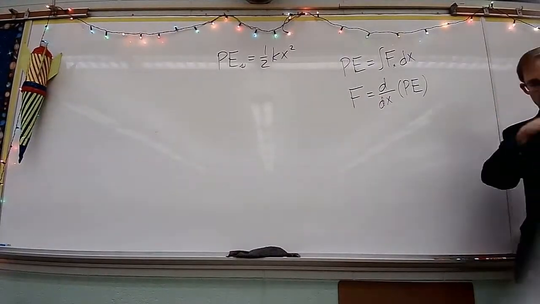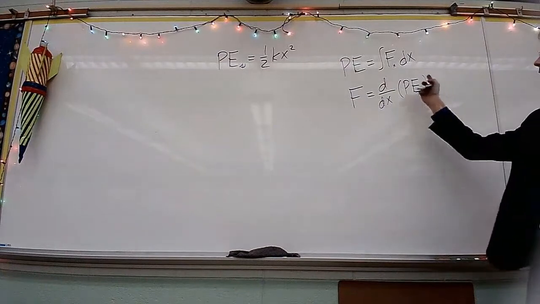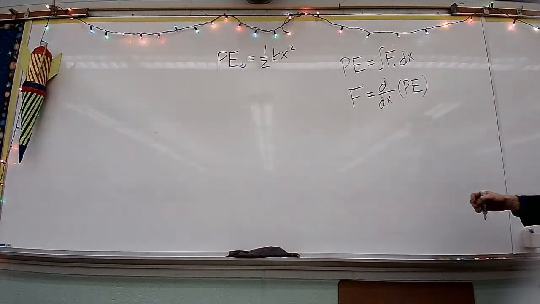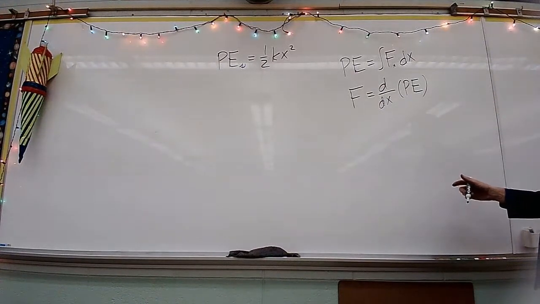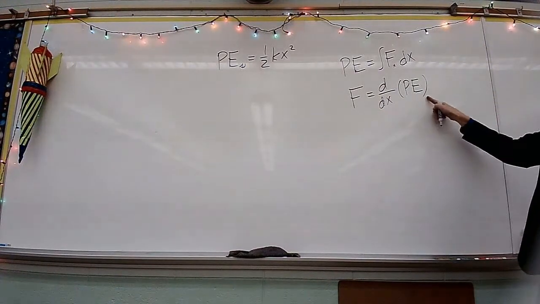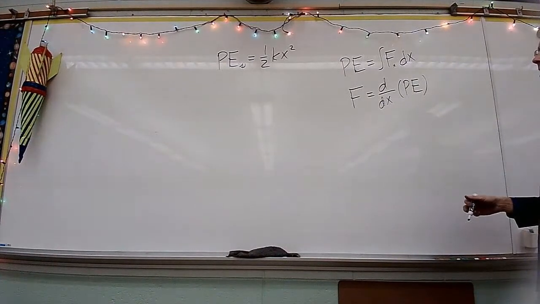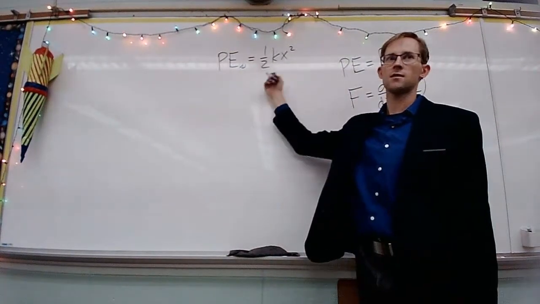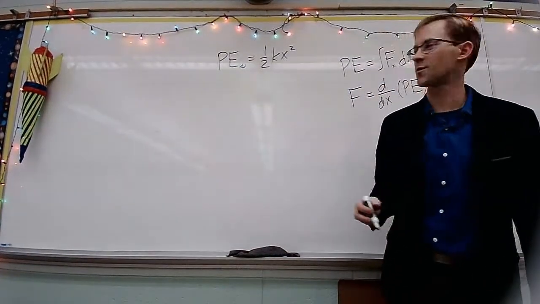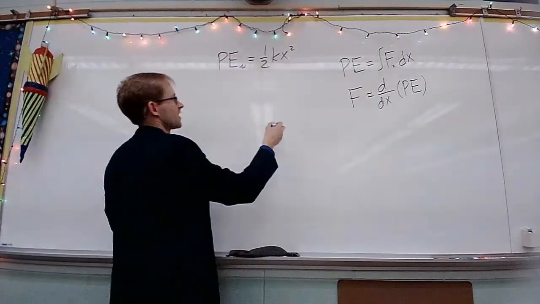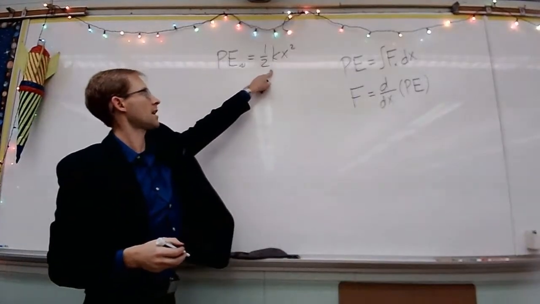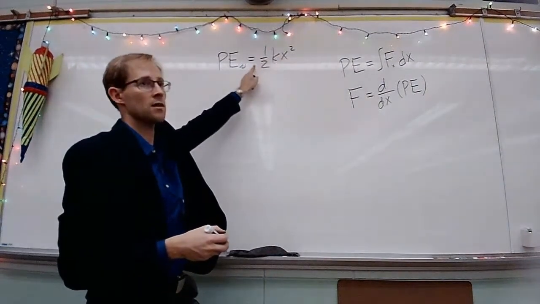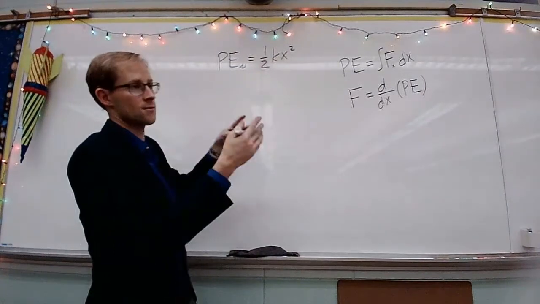And as I mentioned in one of the videos, usually when we're doing this, we're dealing with spring potential energy, and this is no different. So if force is equal to the derivative of potential energy, then here's our potential energy equation. Let's see what happens if we take the derivative. If I take the derivative of 1/2 kx squared, the 2 comes down in front, and that's really all you do.